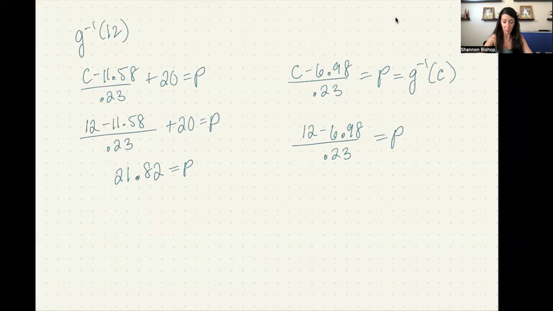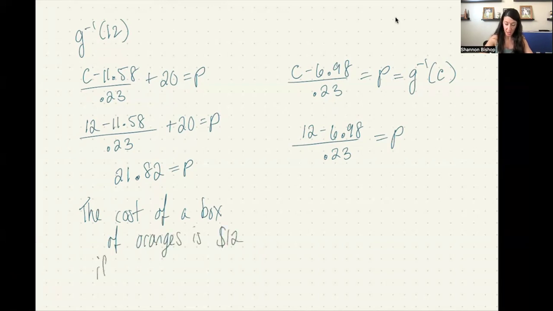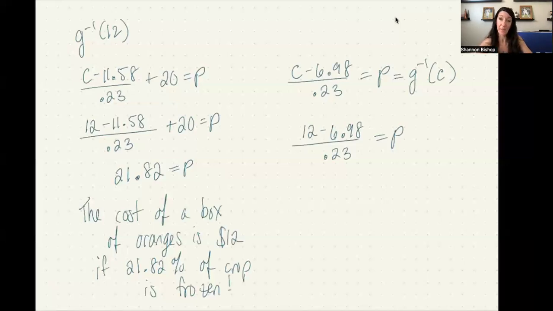So to fully wrap our brain around this, we could say the cost of a box of oranges is $12 if 21.82% of the crop is frozen. That is what that means.